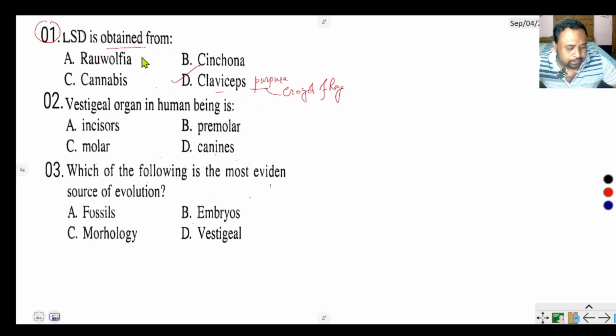And LSD is a psychedelic drug that affects the brain chemical serotonin.